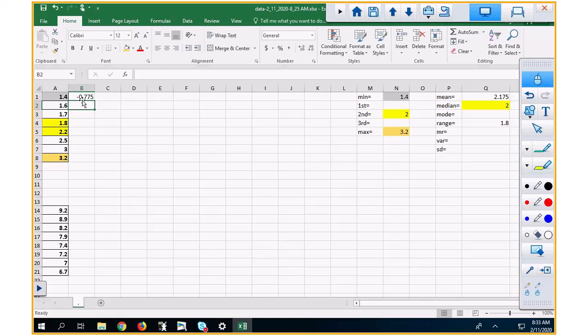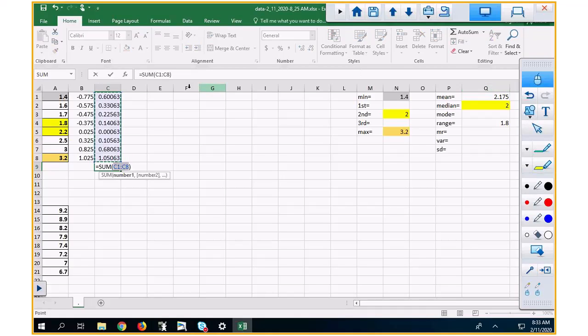Now you may see that I'm not explaining too much of the variance and standard deviation. Why not? Because you have a formula that you need to read. You need to use it. That's the whole point of me giving it to you. X minus X bar. And what do you do with X minus X bar? Raise it to the second power, Hubert. That's right, class. And then what do you do with that?